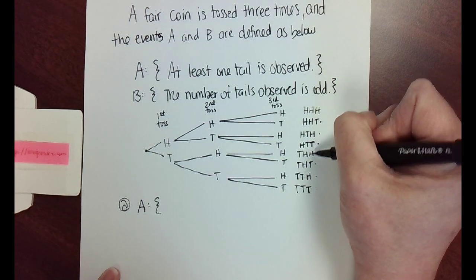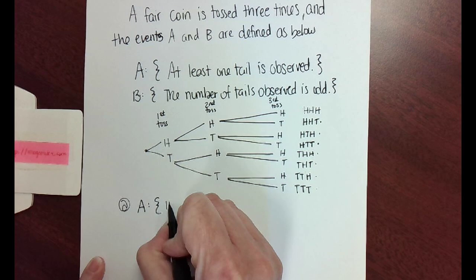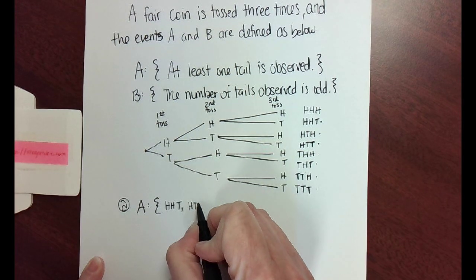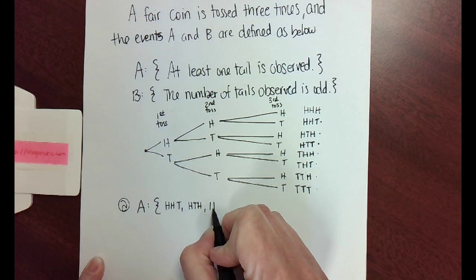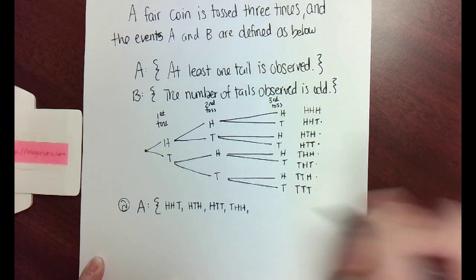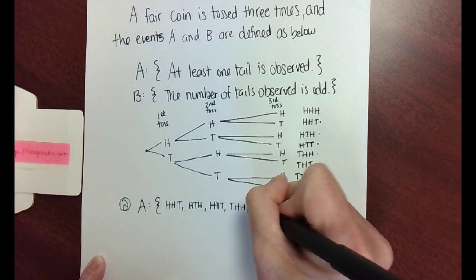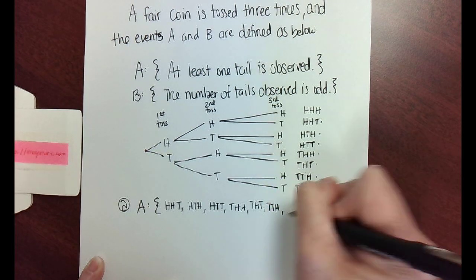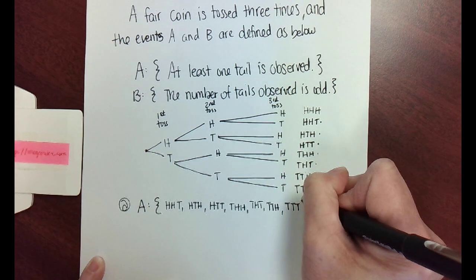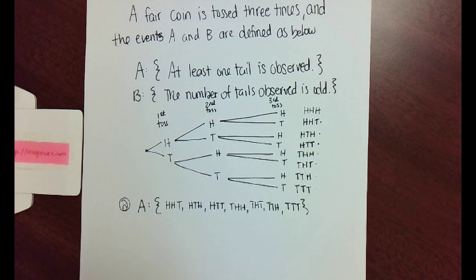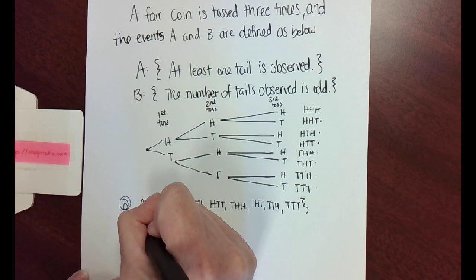So these 7 possibilities make up the sample space for event A. So I'm going to list those here, keeping in mind that at least 1 tail means you could have 1 tail, 2 tails, or 3 tails.